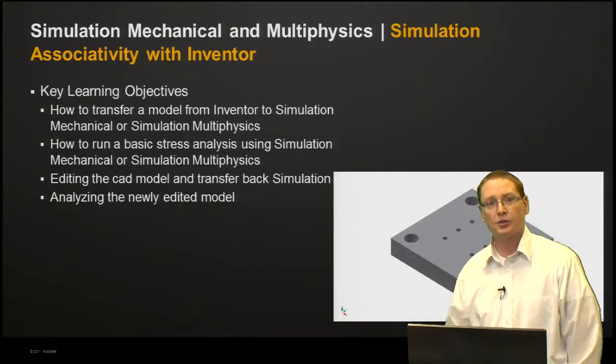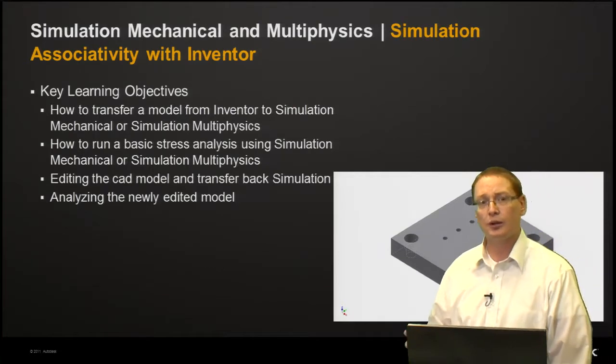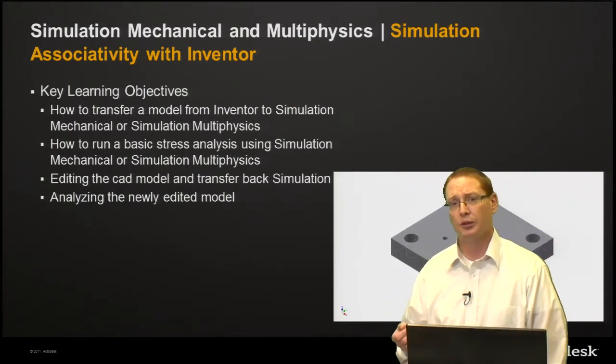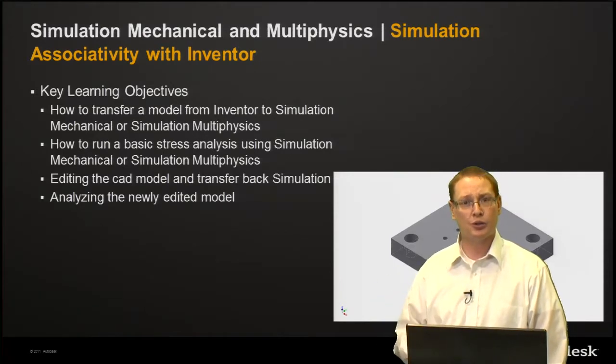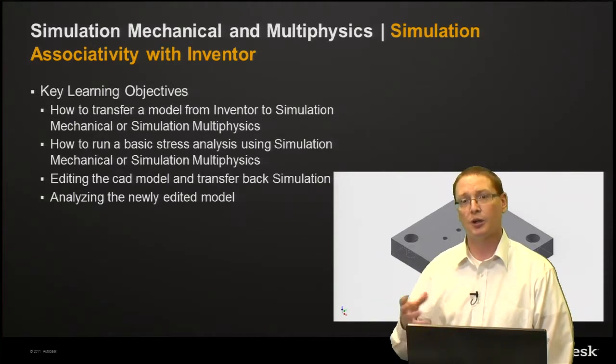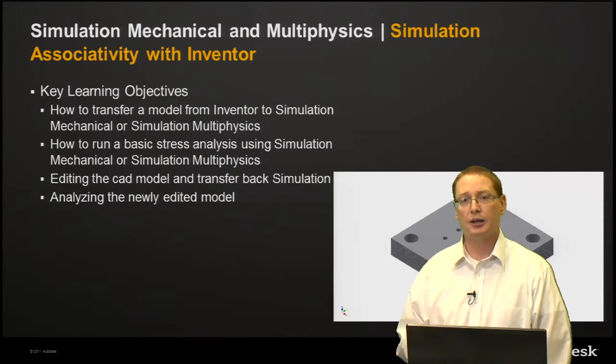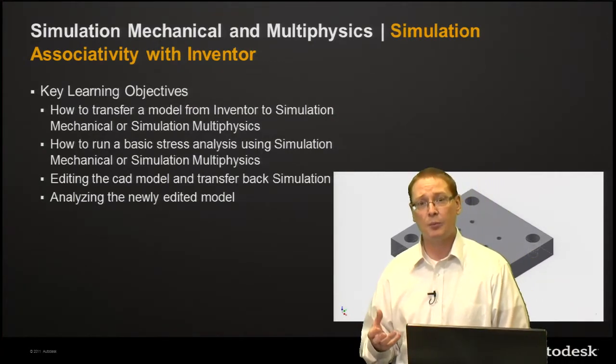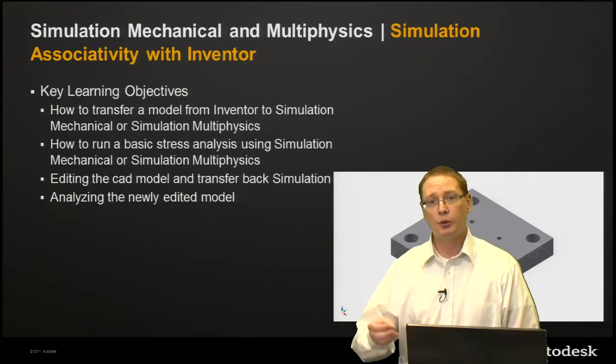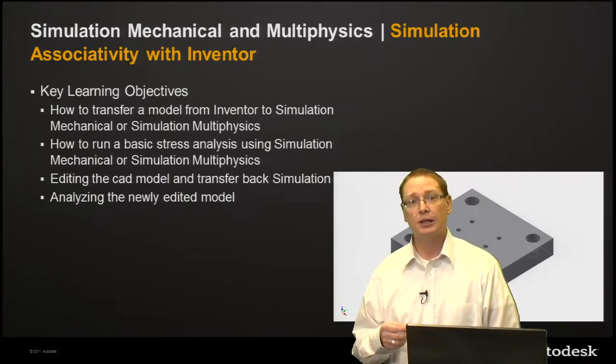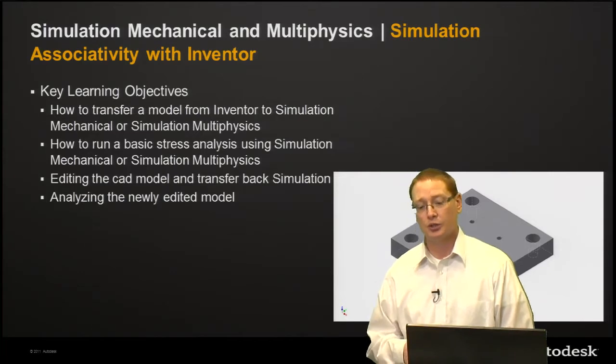How to run a basic stress analysis using simulation mechanical or simulation multi-physics. We're going to do a linear static stress analysis. And then editing the CAD model and transferring it back to simulation. So we'll make a quick change to it inside Inventor and then get it back into simulation. And once we have it back into simulation, what do we need to do to set it up, get it ready to analyze again, and then obtain our new results?